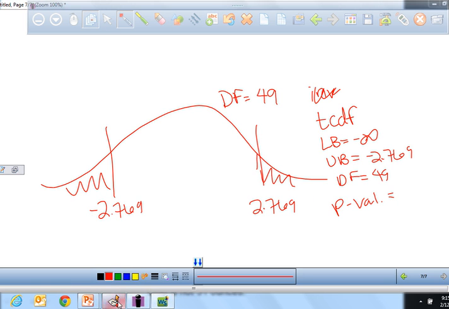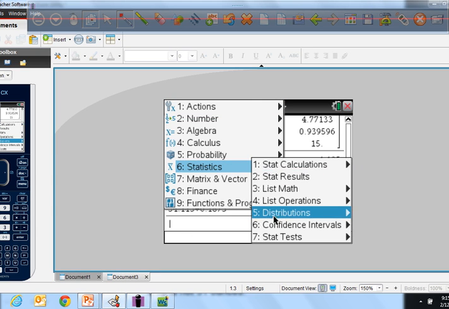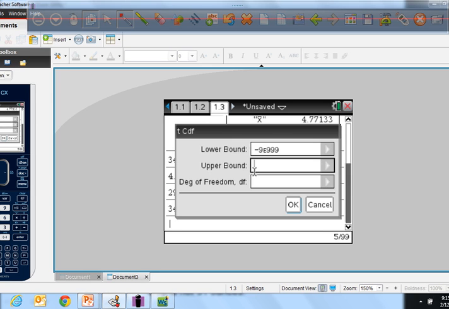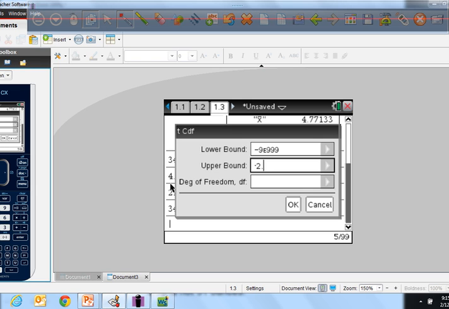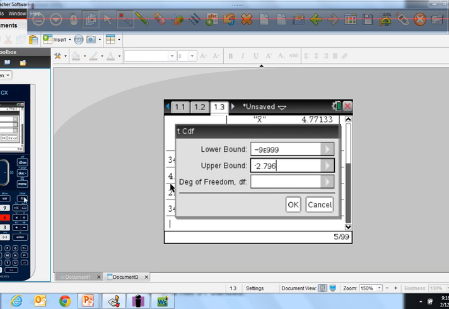All right, so I need to find this p-value, so I can go to my calculator and do menu, statistics. I can go to distributions and just TCDF. And my lower bound is negative 9E999, and I'm going to go to negative 2.769. And then you have to tell it the degrees of freedom, and we have 49 degrees of freedom.